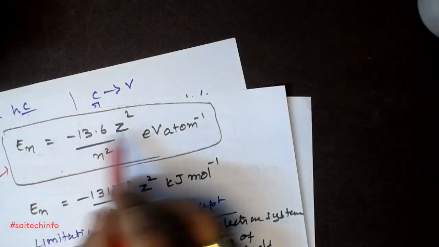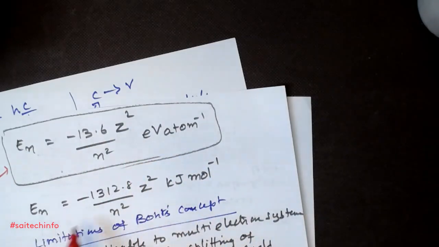Energy of the electron in the nth orbit, En, is equal to minus 1312.8 divided by n squared into Z squared, where Z is the atomic number.